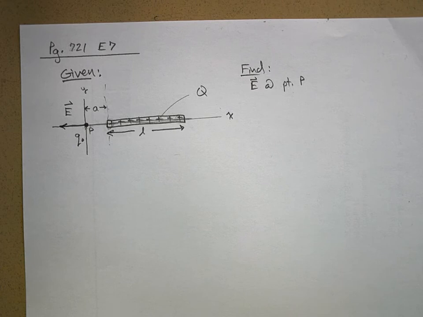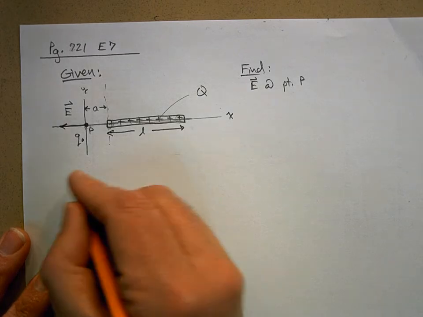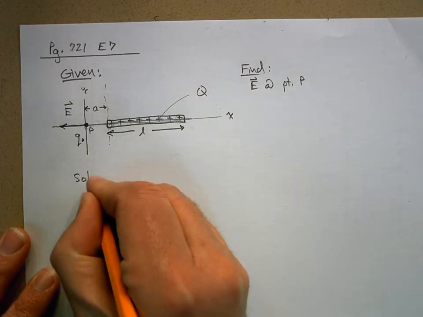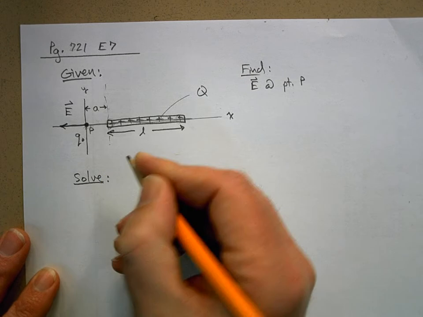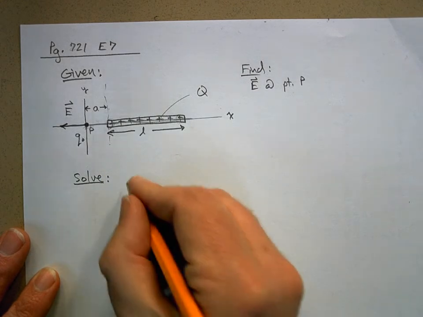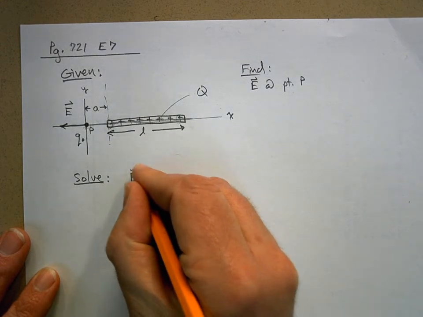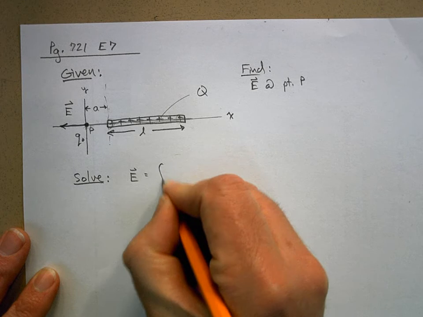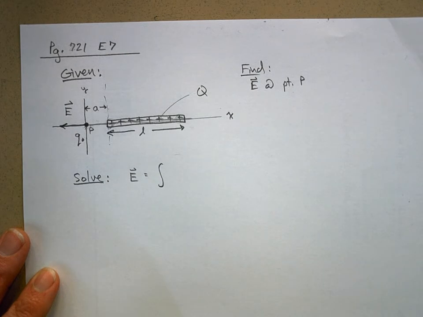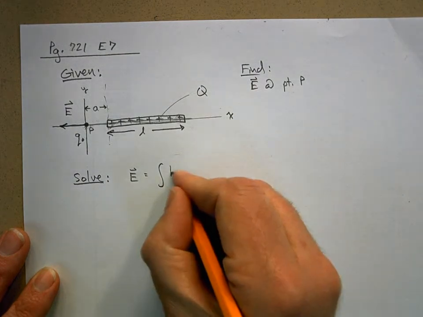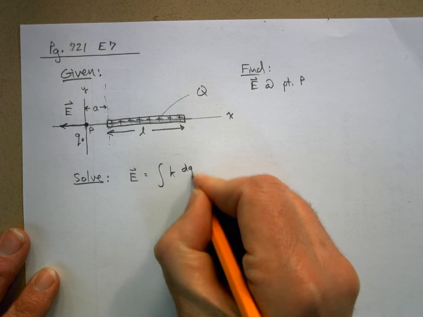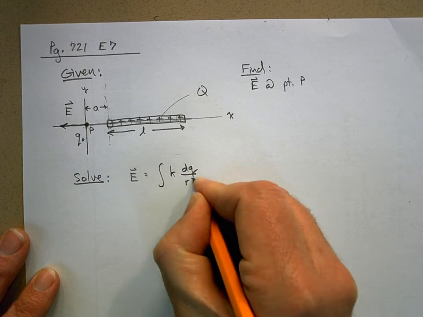So, well, we have a basic equation for figuring out electric fields for continuous charge distributions. And that basic equation is E is equal to the integral of K dq over R squared.